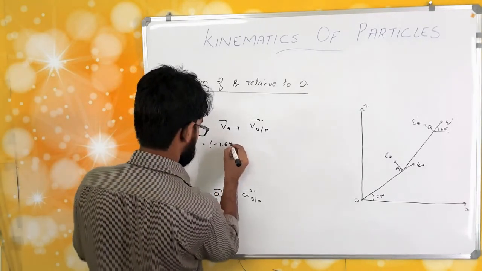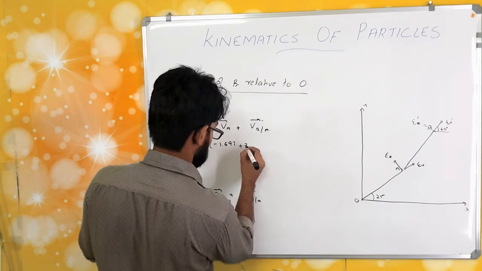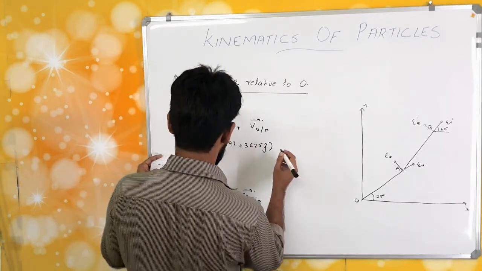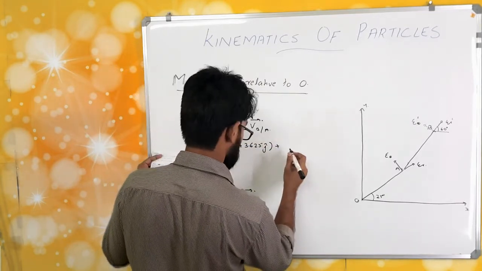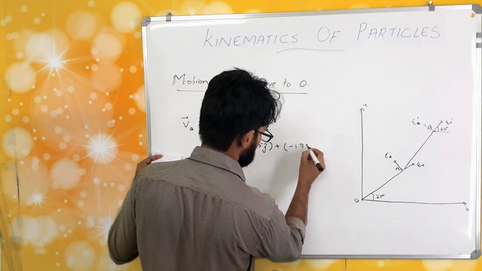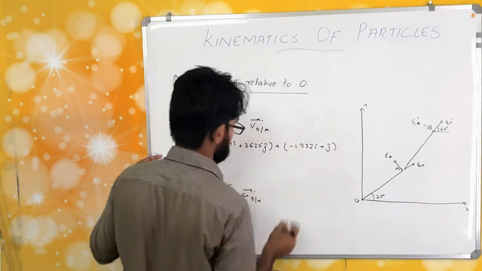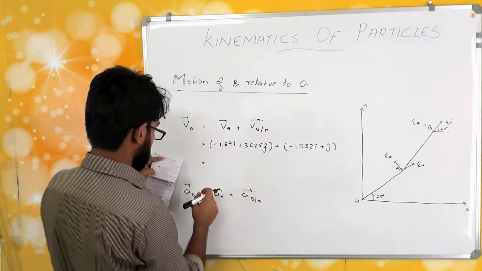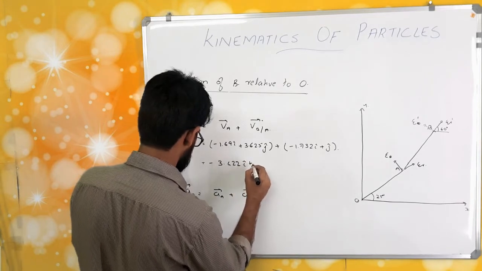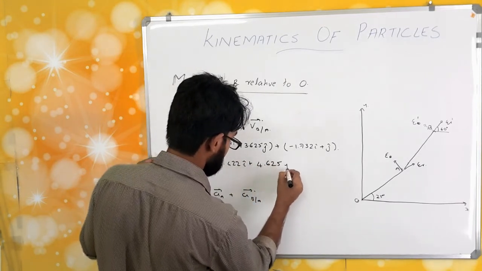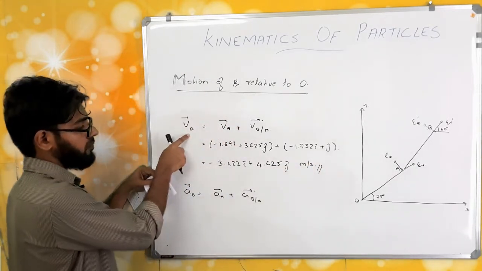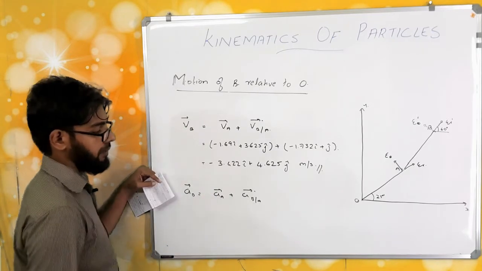Minus 1.69 I cap plus 3.625 j cap. This is the corresponding value of VA. Now VB with respect to A will be equal to minus 1.732 I cap plus j cap. So if you solve it out, you will get the answer of minus 3.422 I cap plus 4.625 j cap. So this is the answer, velocity of B with respect to O, or just VB.